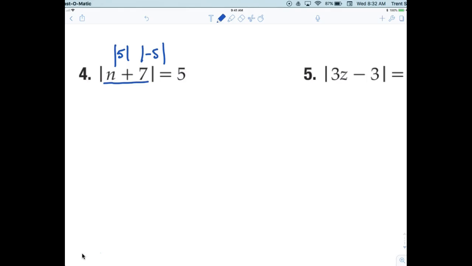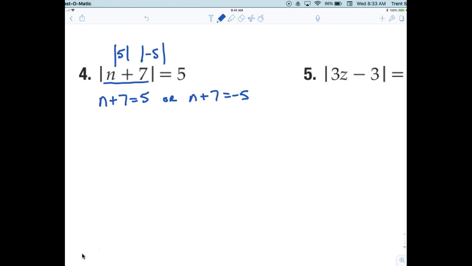Originally, you said to me the absolute value of 5 is 5 and the absolute value of negative 5 is 5. Do you agree? So there are 2 possible solutions. Every time you do an absolute value problem, there are 2 possibilities. So you're going to write n plus 7 equals 5 or n plus 7 equals negative 5.